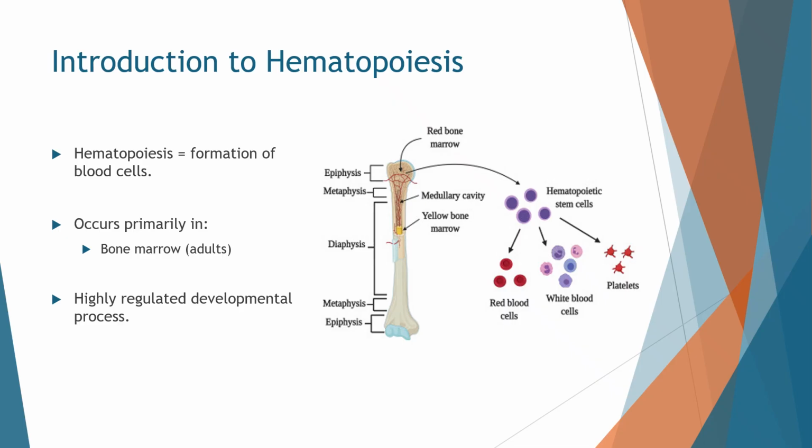You're assessing relationships, maturity progression, lineage balance, and whether production matches physiologic need. When hematopoiesis runs smoothly, peripheral blood looks boring, which in pathology is usually a good sign. When regulation breaks down, morphology starts telling a story. And as we move forward, we're going to learn how to read that story.